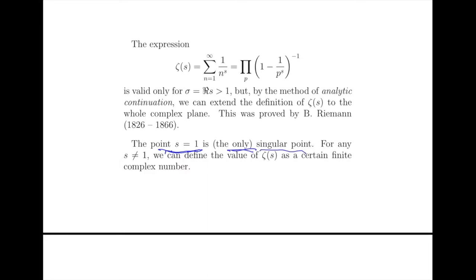For any other complex s not equal to 1, we can define by analytic continuation the value of zeta(s) as a certain finite complex number. This is quite an essential point of the theory of zeta functions, and this was done by the German mathematician Bernhard Riemann in the middle of the 19th century.